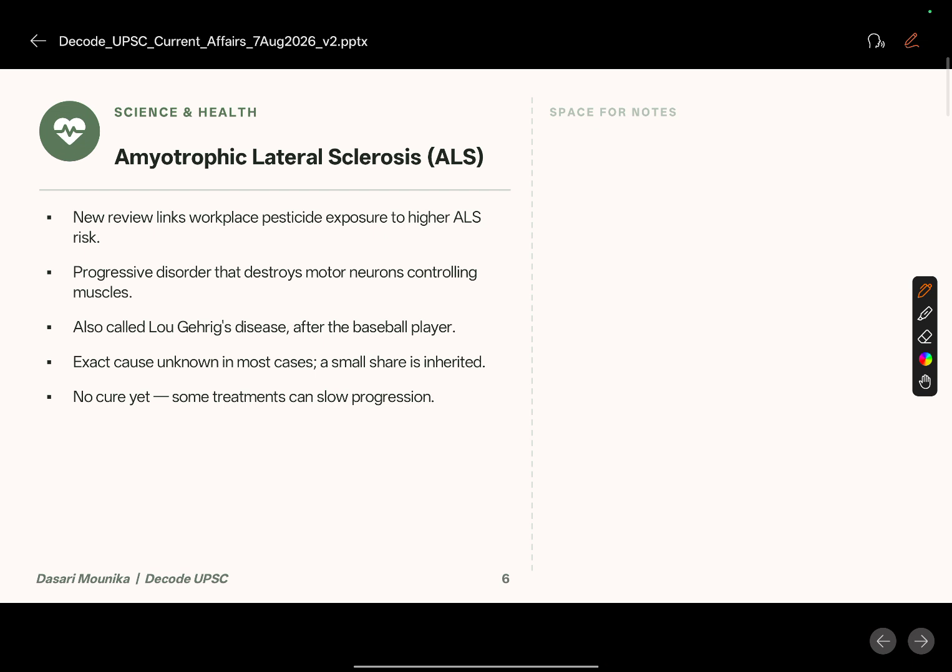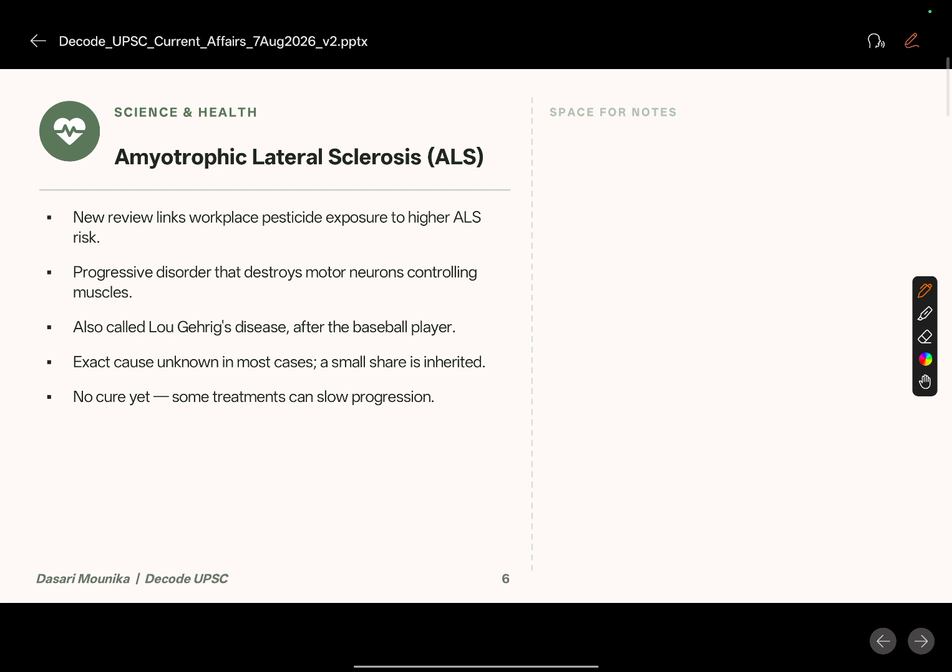amyotrophic lateral sclerosis. So why is it in the news? Before understanding this, let us understand how our body moves and how our nervous system functions.